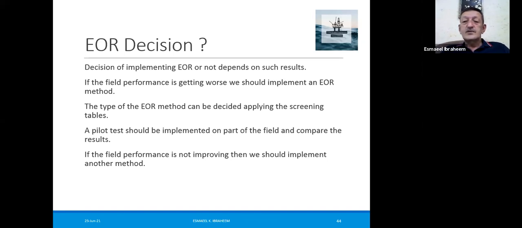This decision should be suggested by you as a reservoir engineer, giving your reasons for choosing such a method over the other, but it has to be approved by the higher management to decide which one is the best, either the one you suggested or you should go and look for another one. Let's see.